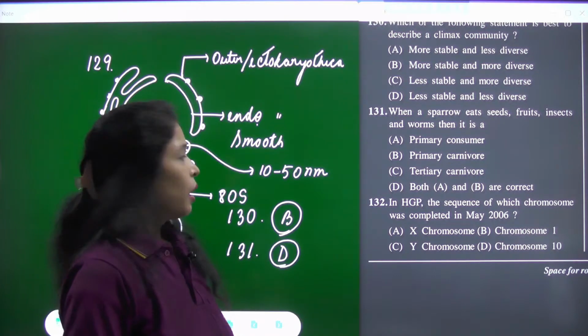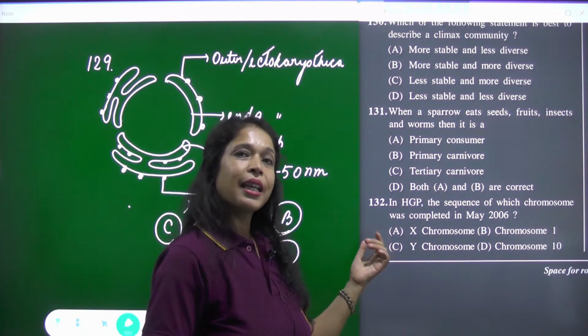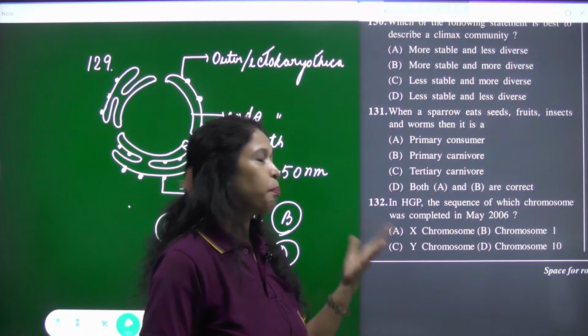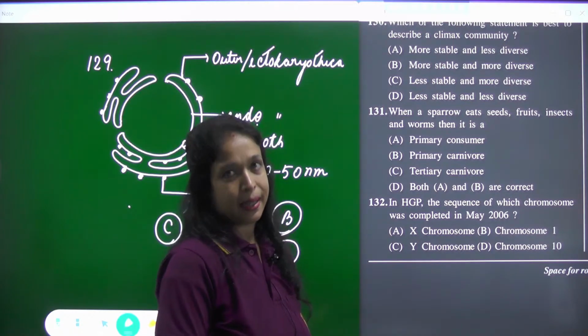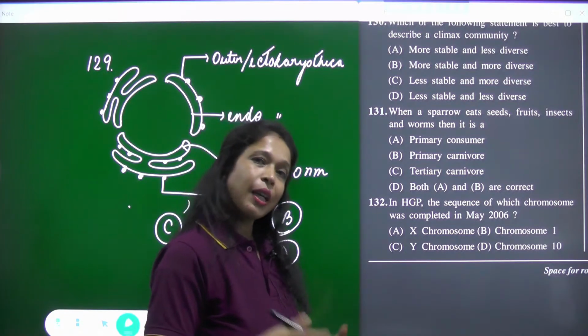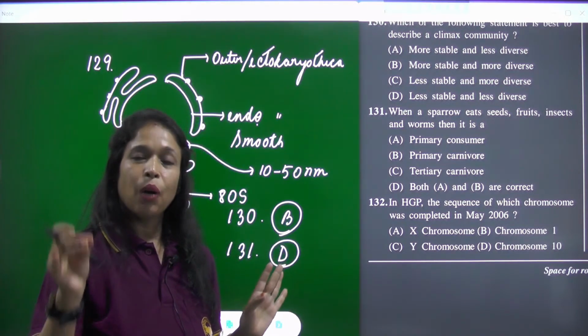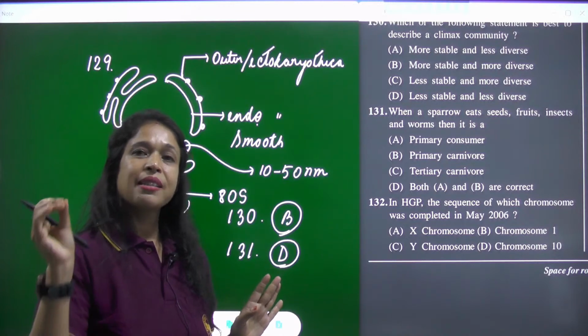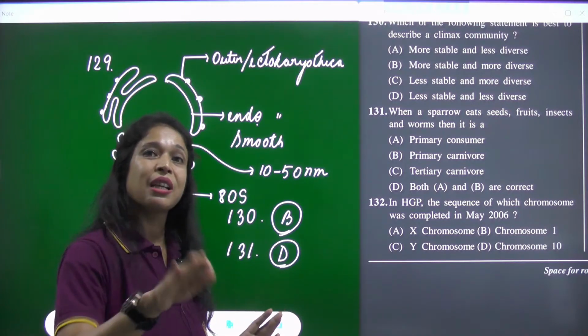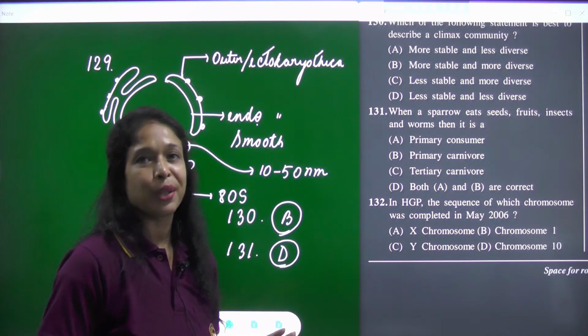Next, in Human Genome Project, the sequence of which chromosome was completed in May 2006? You know, sequencing is already completed in 2003. The only one chromosome which is completed in 2006 means more time is required.